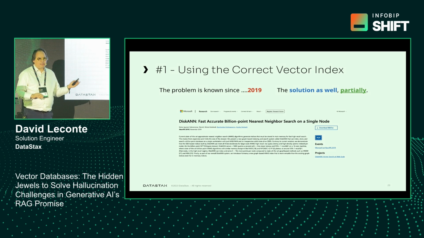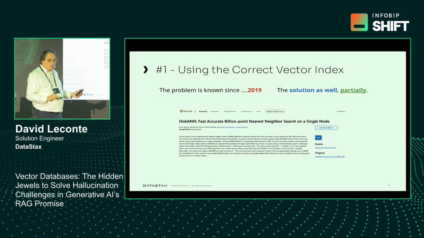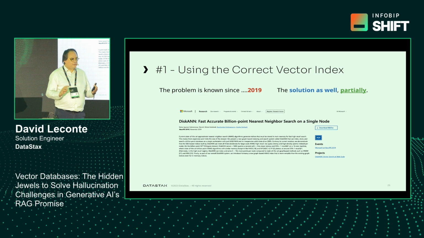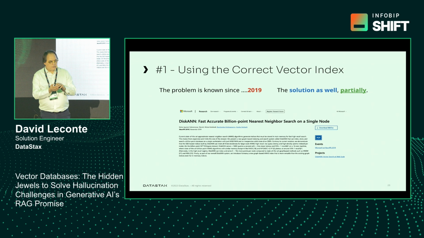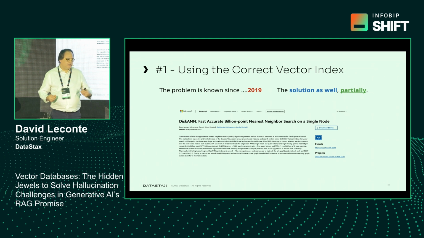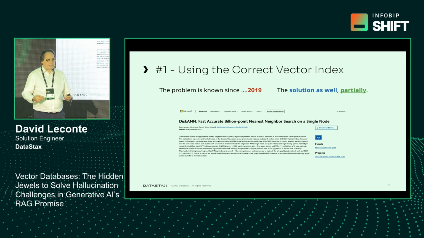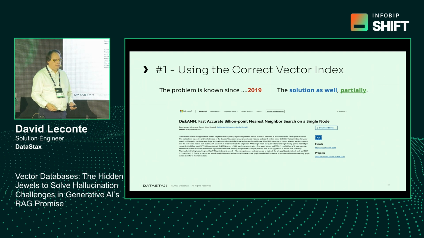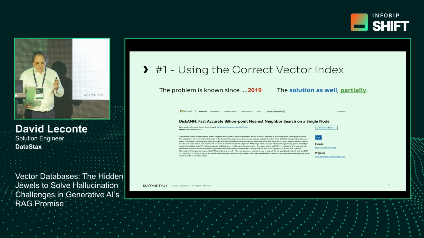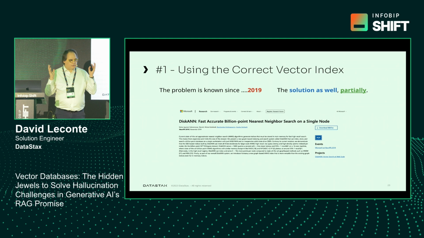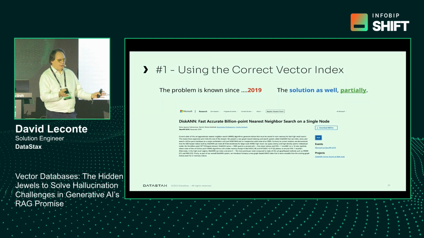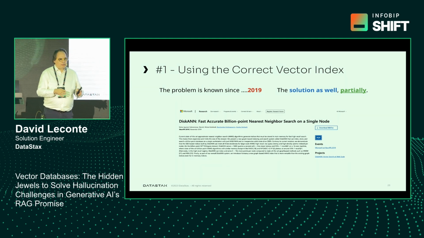From 2019, Microsoft discovered already that for Gen AI, the main concern would be the way of using the full stack of components in an infrastructure to be able to serve efficiently what it means in terms of latency, performance, and so on, to serve accuracy. And at that time, Microsoft thought about a solution, partially, and the next point they didn't solve, DataStax solved it.